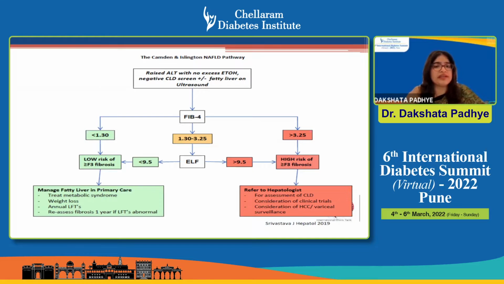I'm going to go into detail in the next few slides. It's a very simple test. This test should be done for each and every patient, and if the score is intermediate, that is between 1.3 and 3.25, these are the patients who are going to require some radiological investigation and ideally elastography, that is FibroScan, to see whether the patient has developed any cirrhosis and how much steatosis is present at present.